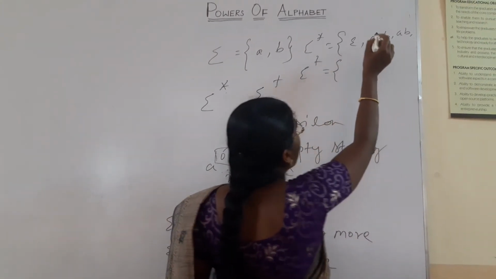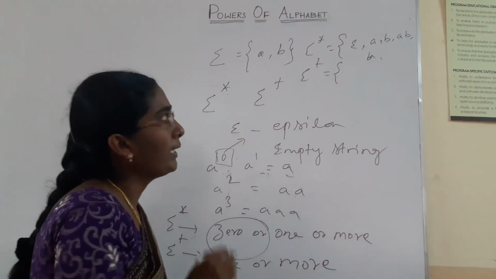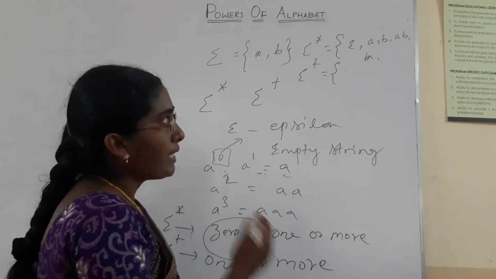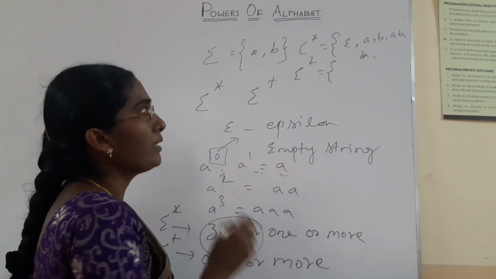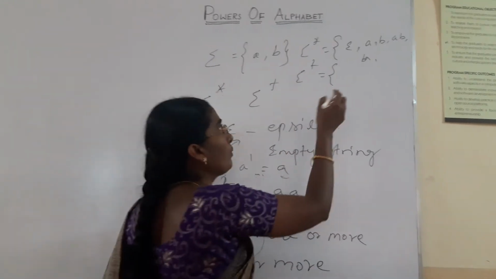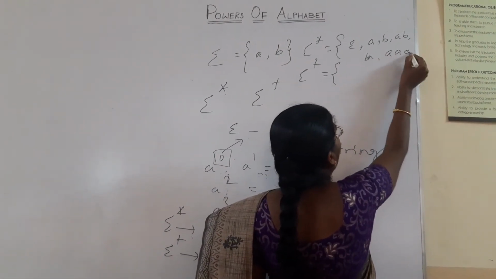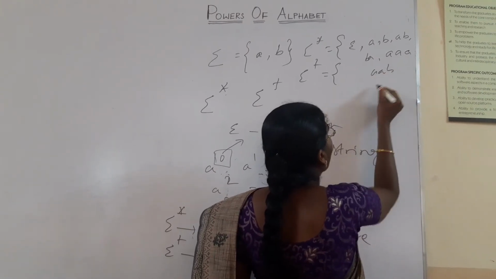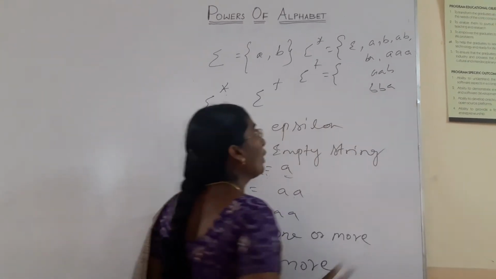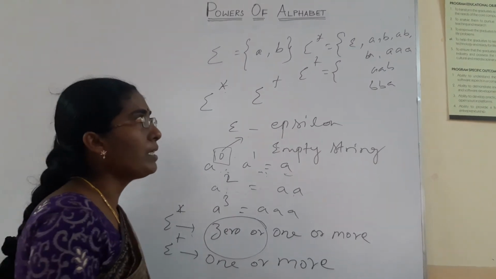First it has single symbols a or b, length equal to 1. Next is a b and b a, length equal to 2. Next, length of the string equal to 3 means a a a, a a b, b b a. Like this, any combination of the symbols a and b.